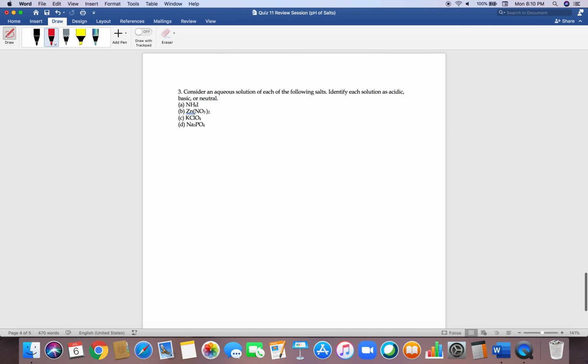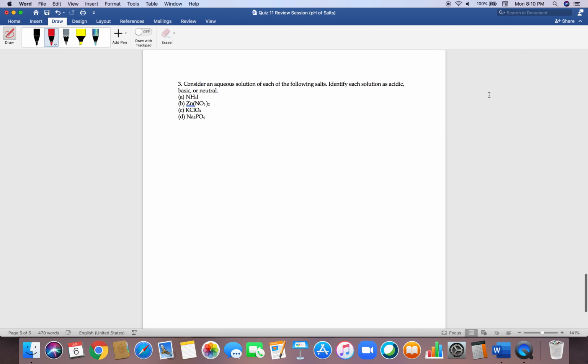And finally, we're asked to consider aqueous solutions of each of the following salts, and we want to determine whether they're each acidic, basic, or neutral. So basically, we're going to be doing what we did for the first part of each problem for each of these. If we're looking at ammonium iodide, what is this coming from?